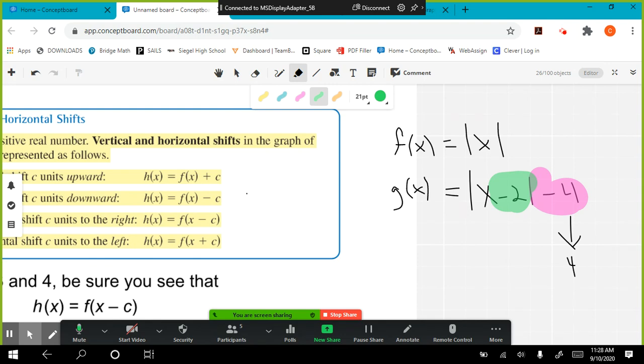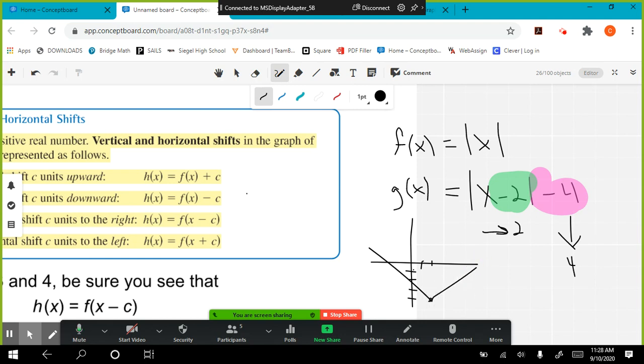So this one tells us it's going to go right 2. So if I wanted to do a quick graph of this, my vertex is going to be down 4 and over 2, which means it's going to be right here. And then that V is going to look something like that right there, right?